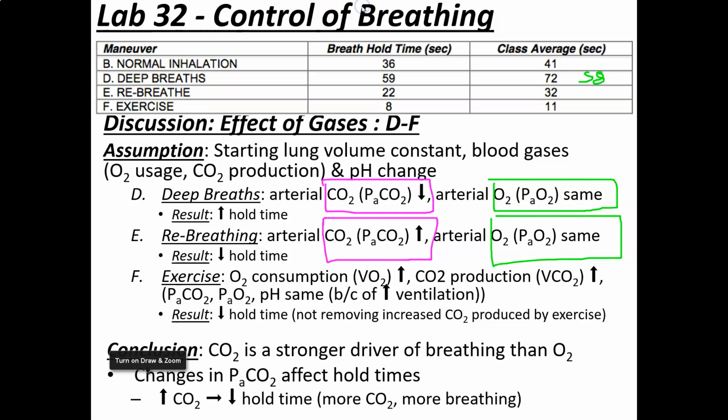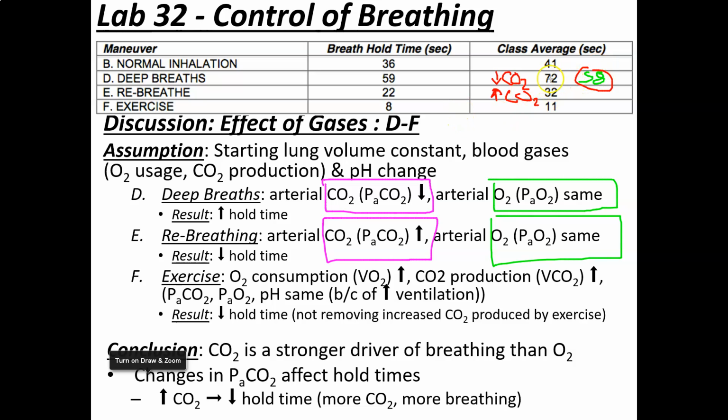So if we look, originally, without doing anything and just taking a maximum inhalation, it was 58 seconds. When we had deep breathing and less CO2, we had 72 seconds. And for rebreathing through the bag, with more CO2, we have 32 seconds.